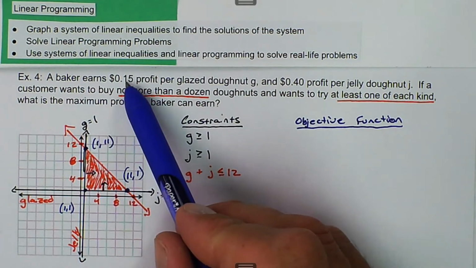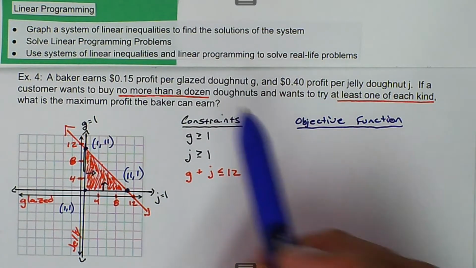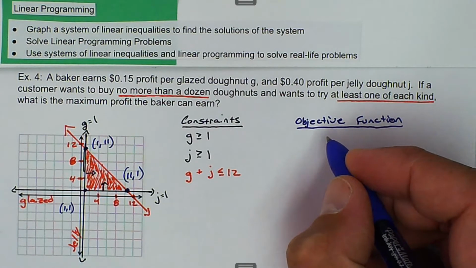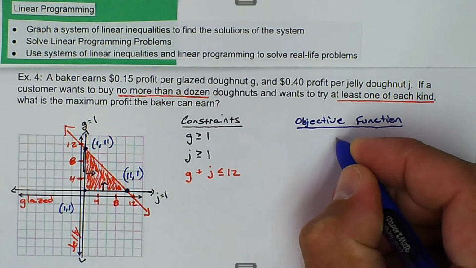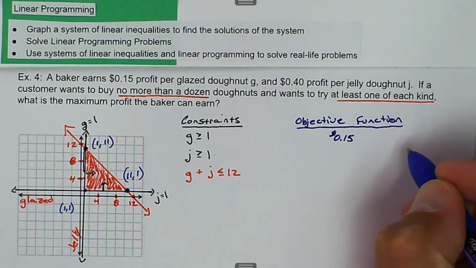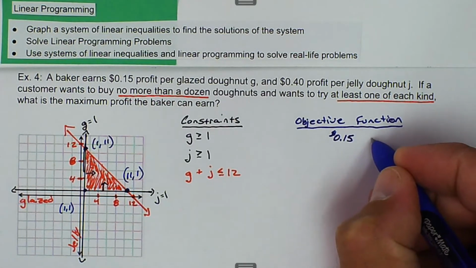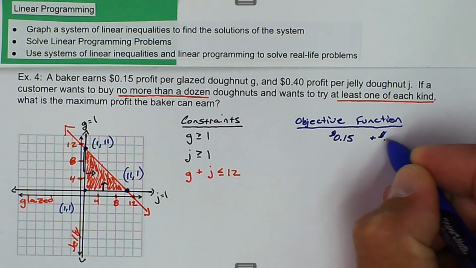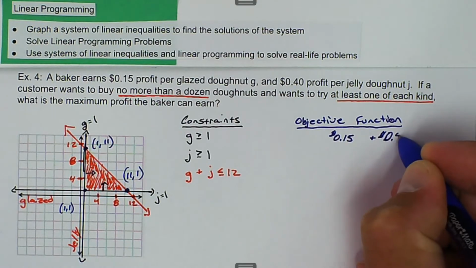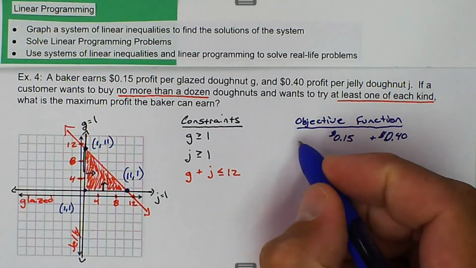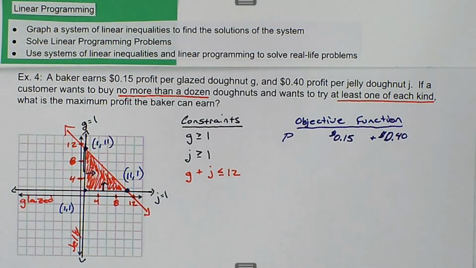So a baker can earn 15 cents per glazed donut, and 40 cents per jelly donut. And this is going to be the equation for profit, because that's what we want to find.